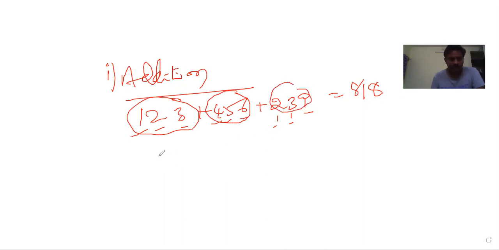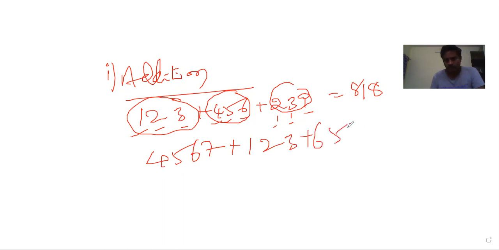For example, in any number, the values are different. For example, numbers like 4567, 1236, 5872 plus 12873, 6. In this case, how can we add all these values?